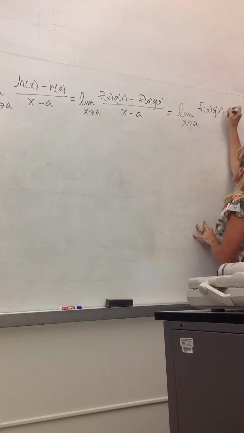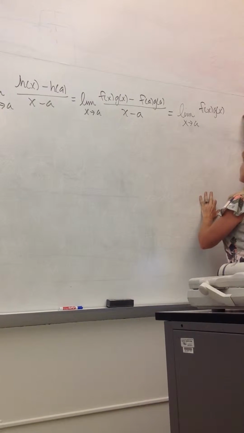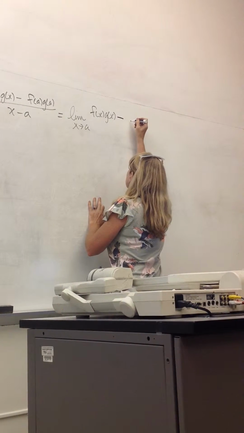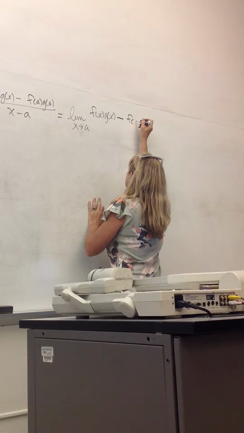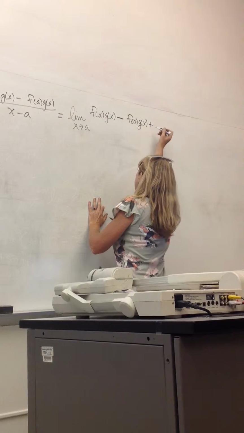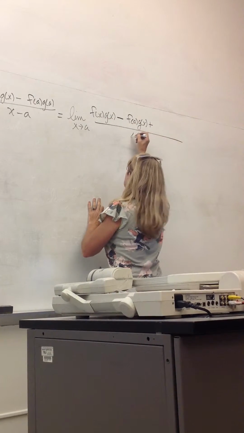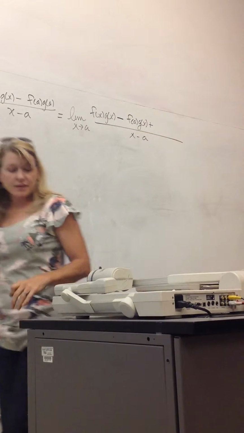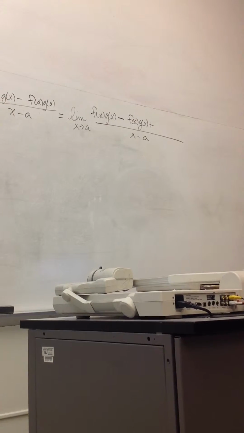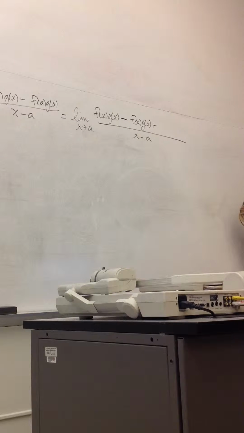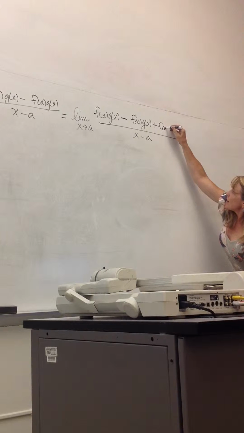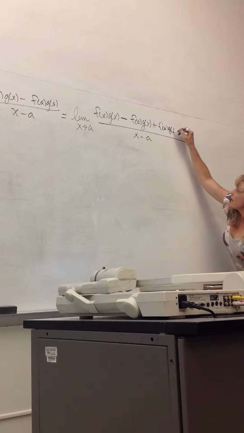But I'm going to add and subtract the new thing in the middle. And so I'm going to subtract f of a times g of x, and then I'm going to add that same expression. Okay, so I'm going to add f of a times g of x.